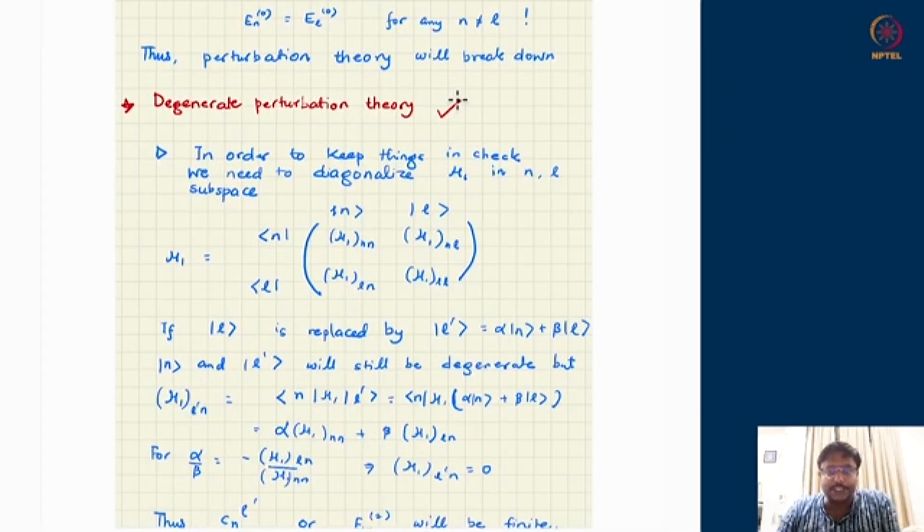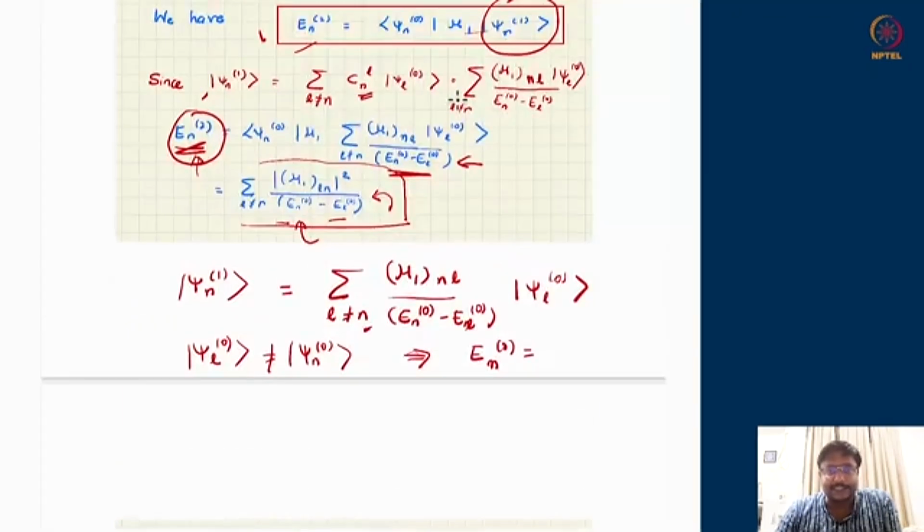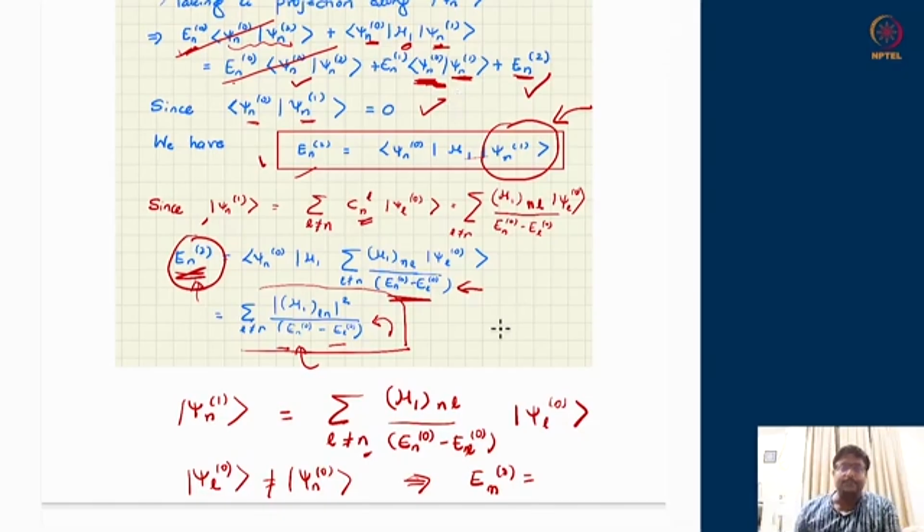Degenerate perturbation theory will be a theory in which, let us say, two or more states in principle have the same energy. The problem was that the theory becomes perturbatively problematic because these terms which are supposed to be small start becoming very large.